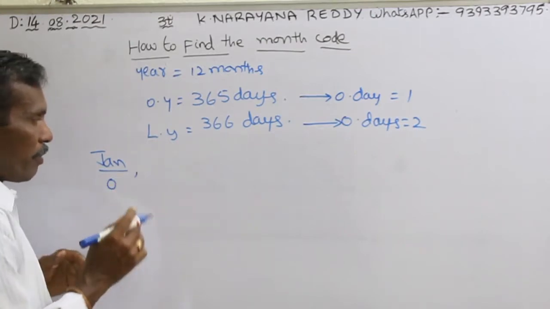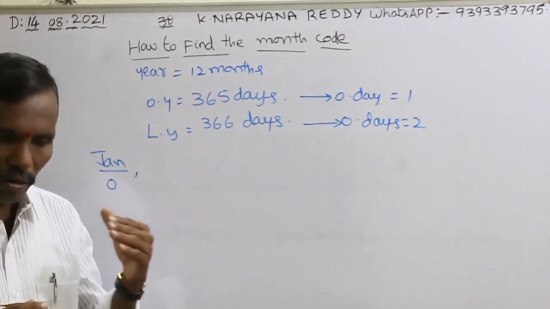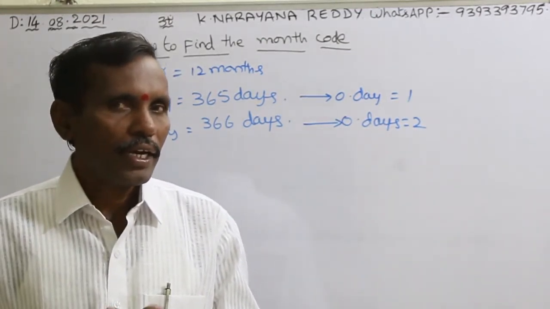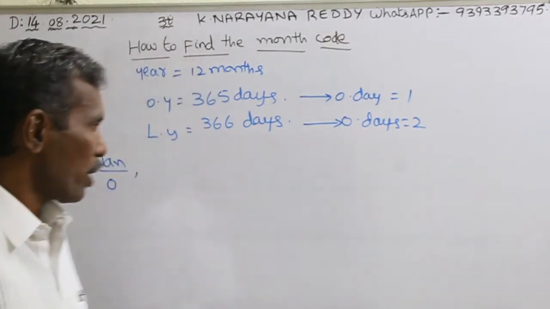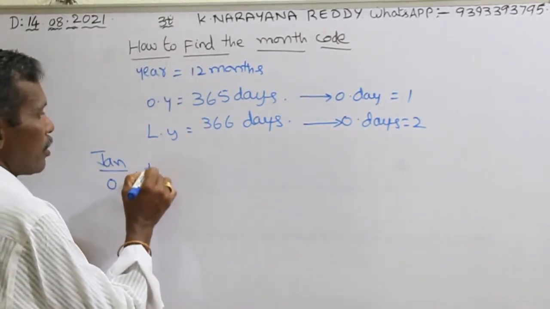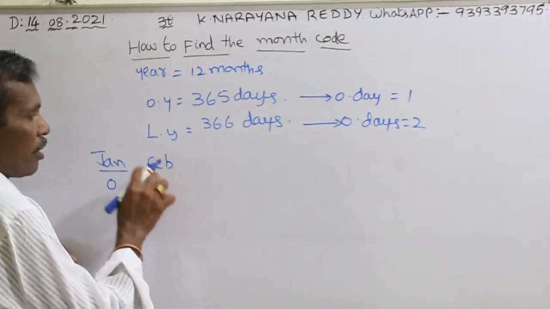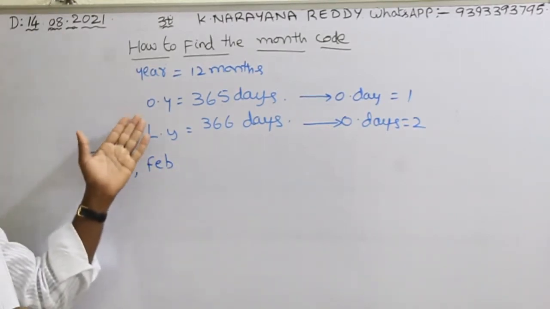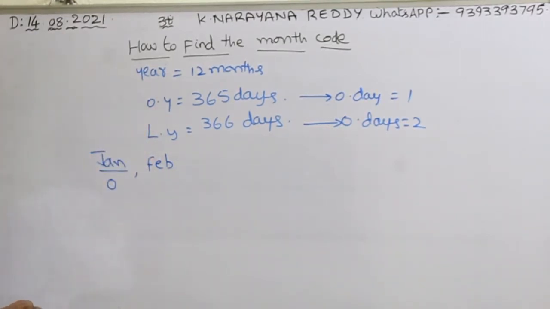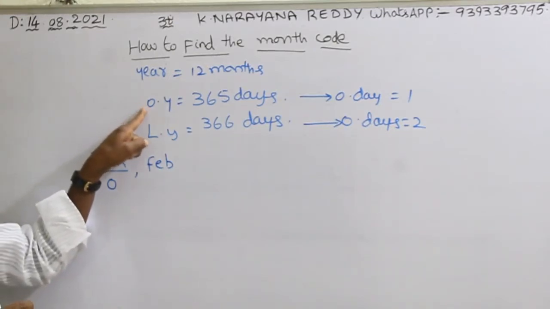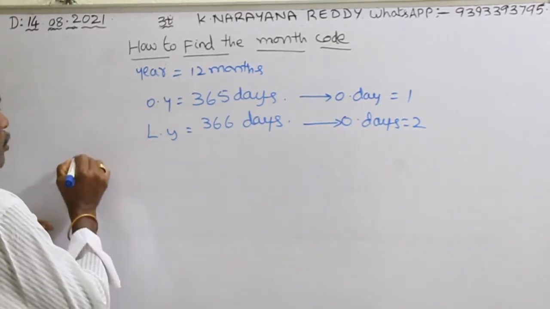February contains 28 days in an ordinary year and 29 days in a leap year. But what is the code for Feb in a leap year and an ordinary year? First of all, we want to know about the ordinary year, after that the leap year.